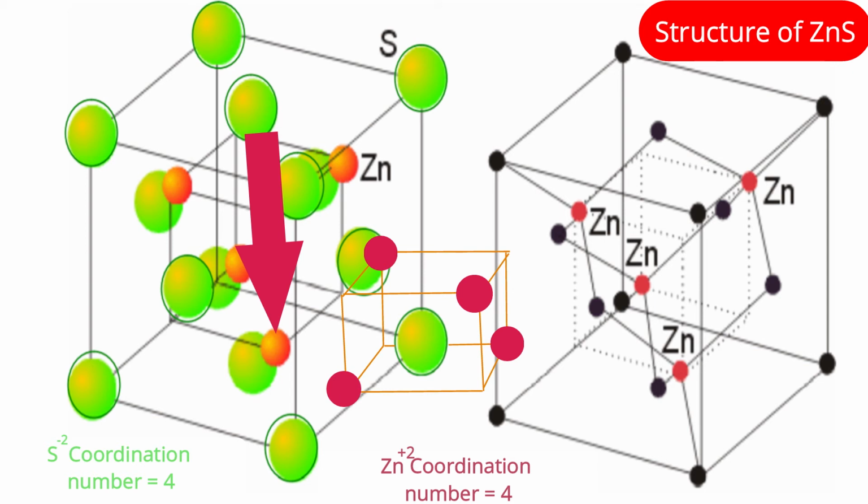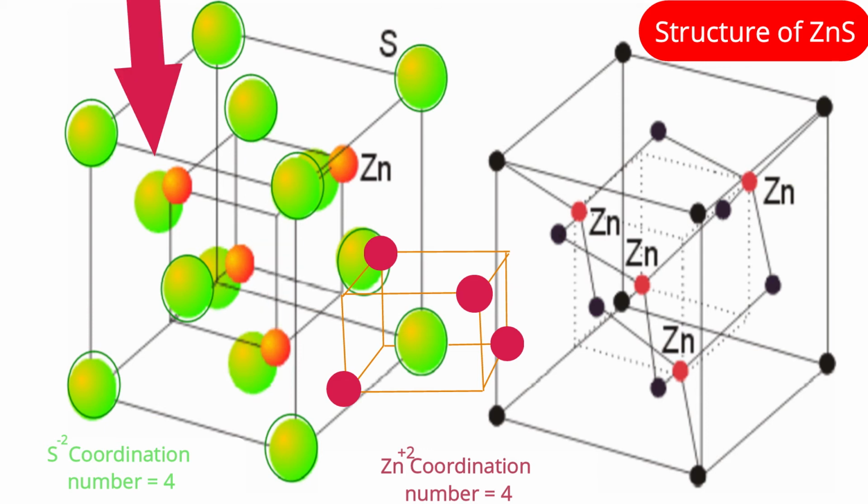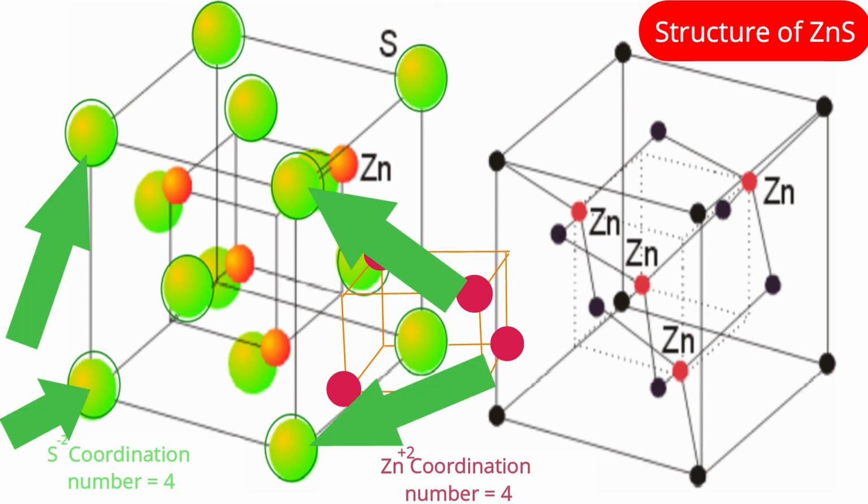Parallel to that, in front of that small face, there is a large face of the large cube which actually has 5 sulfide ions, 4 at corners and 1 at center. Are you imagining that large face which is in front of the small inner face?